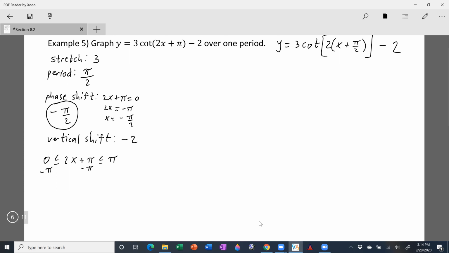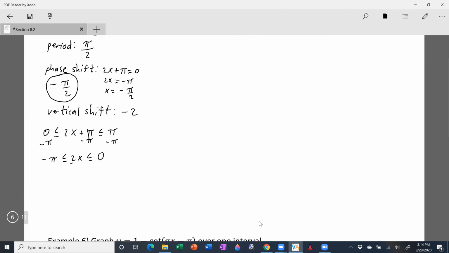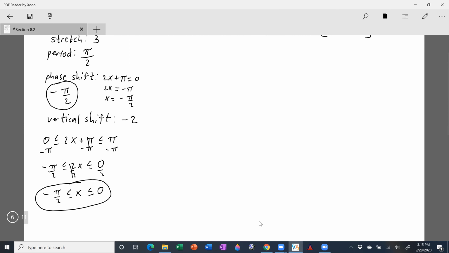Solve for x in the middle. Okay, so that's weird. That turns into a 0. And then now we've got divide by 2 everywhere. And so we have negative pi over 2 less than or equal to x less than or equal to 0. All right, so that tells us the start and end of one period.